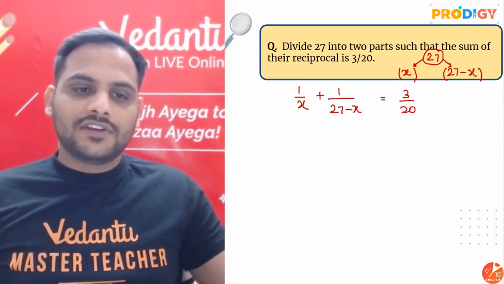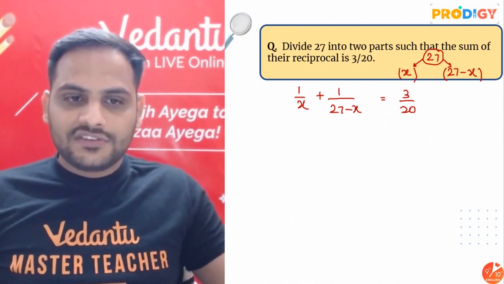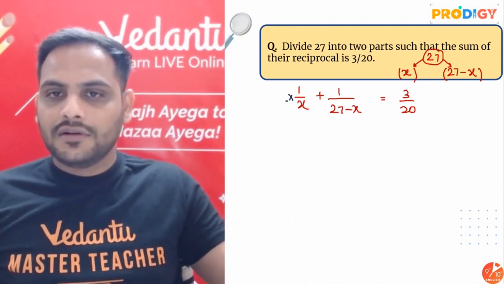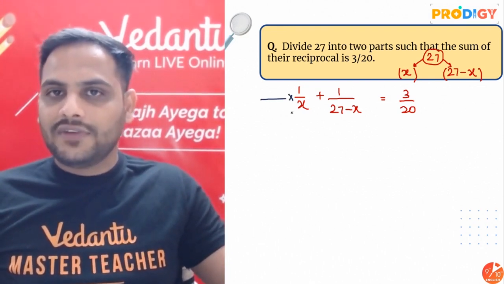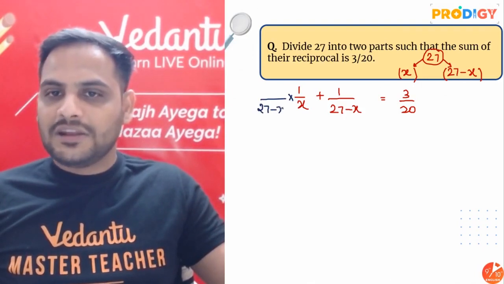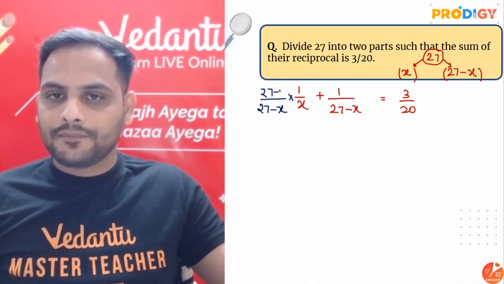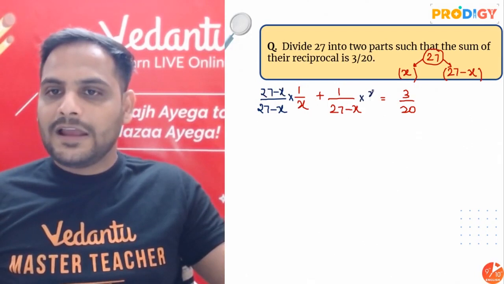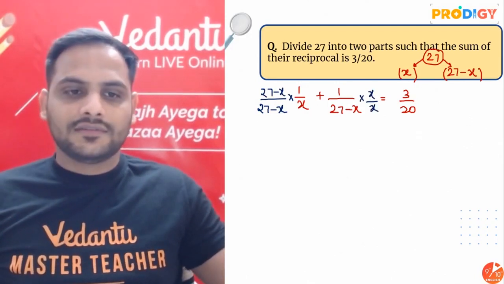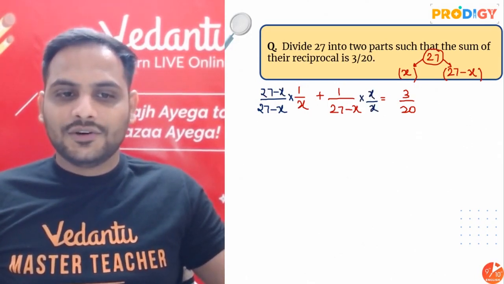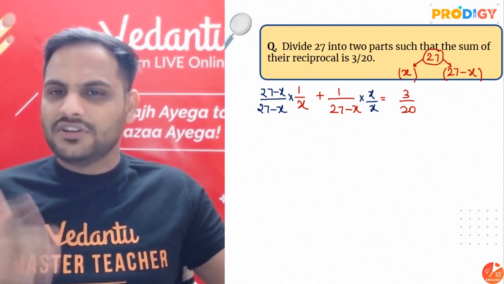Right? So let's take the LCM, since these are fractions. Here I'll multiply with 27 minus x, and here I'll multiply with x. Once I have done this multiplication, the equation is very easy.